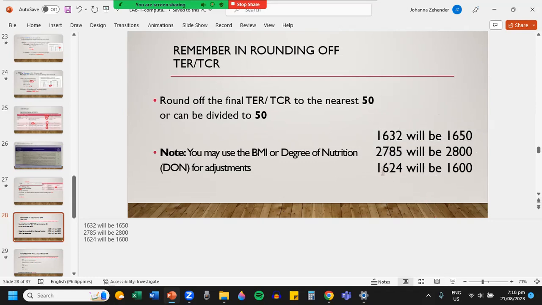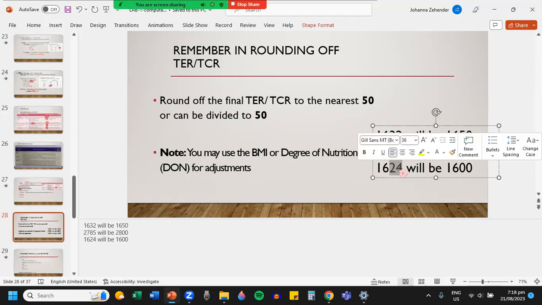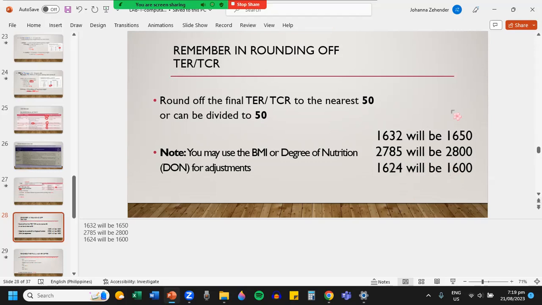Next here, 1,624 will be rounded down to 1,600. Why? Because you're going to look at the last two digits, which is 24. Less siya, this is below 25. That is why it's going to be rounded down to 1,600.